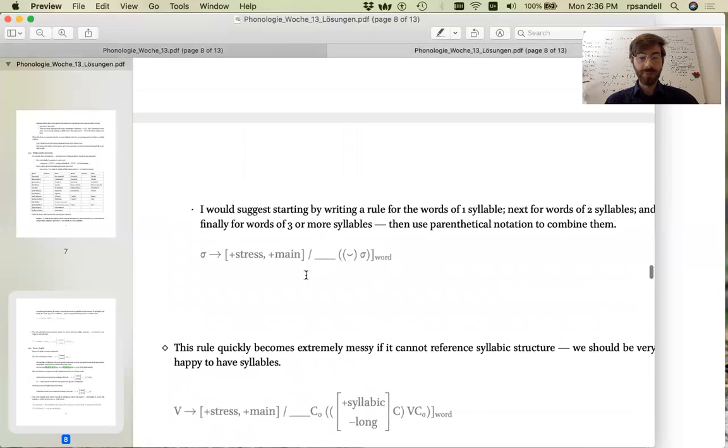So for instance, we can use the feature plus and minus long to distinguish between heavy and light syllables, and the rule would look something like this. We would still need these sequences of parentheses, but we would instead need to use zero subscripts to refer to sequences of consonants and vowels.